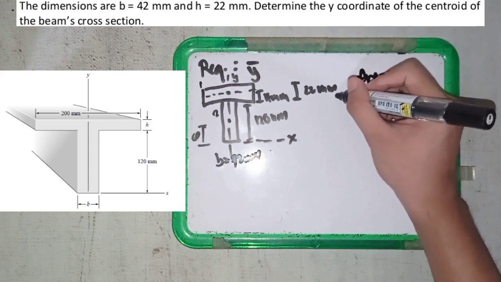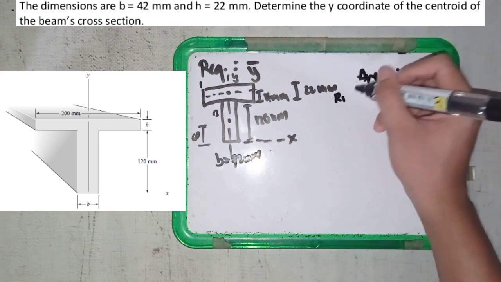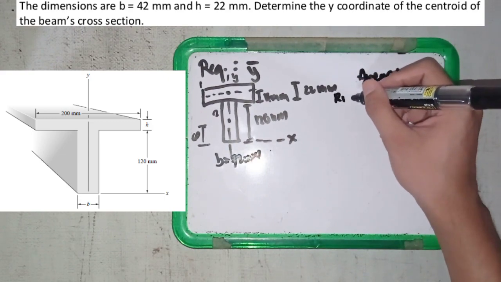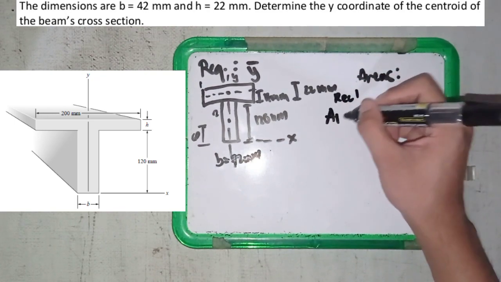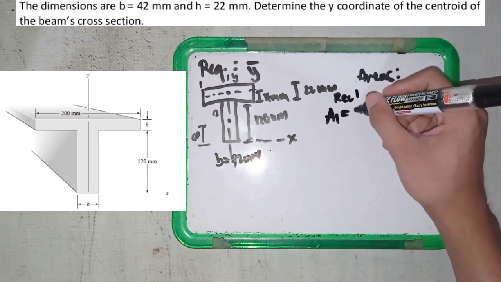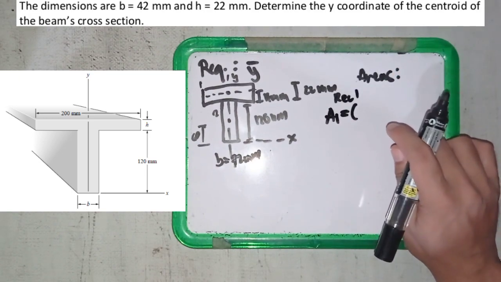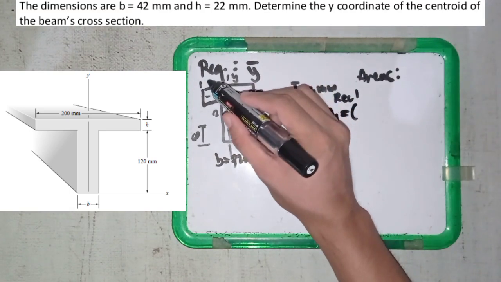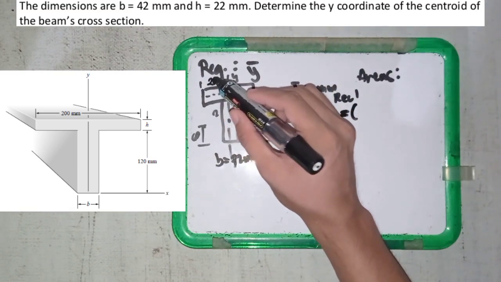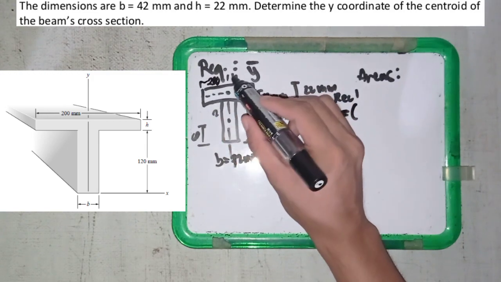For box 1, or rectangle 1, A1 is equal to its base. The base here is 200 millimeters.